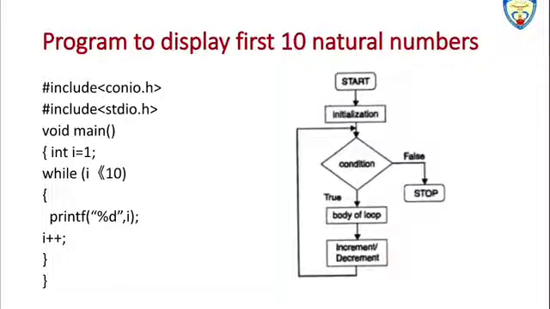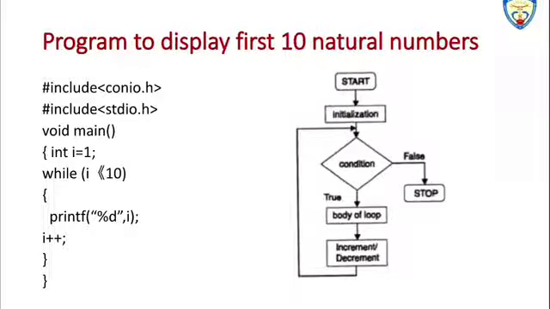Next is the test condition. While i is less than 10, means up to 10 it will be checking the condition. Whenever i is less than 10, it will be printing the value of i. When the i value becomes greater than 10, it will just get out of the loop.